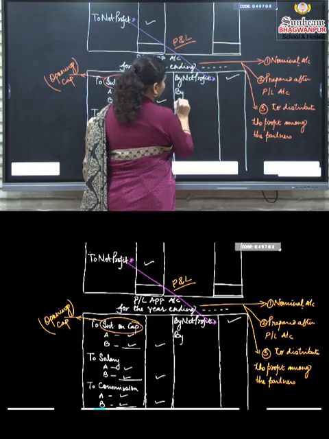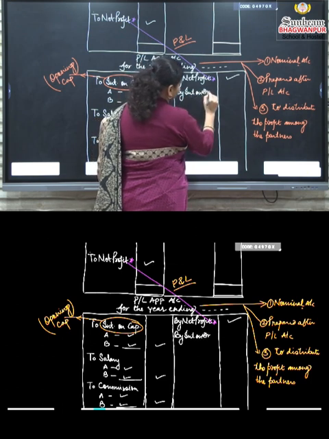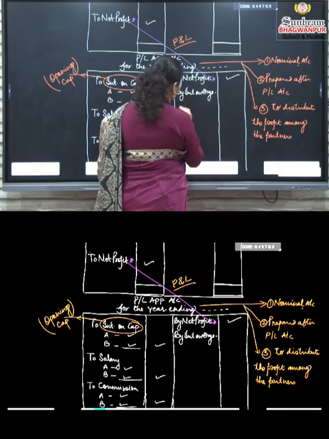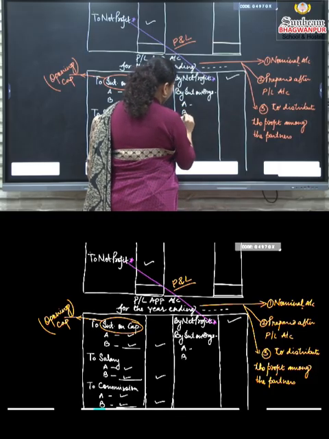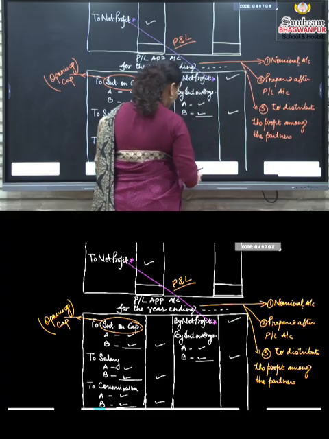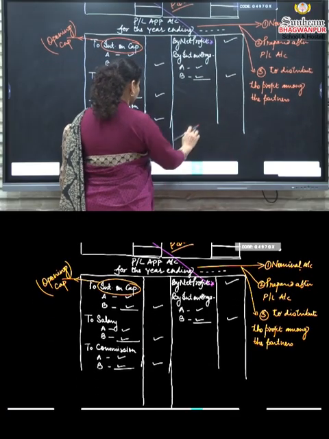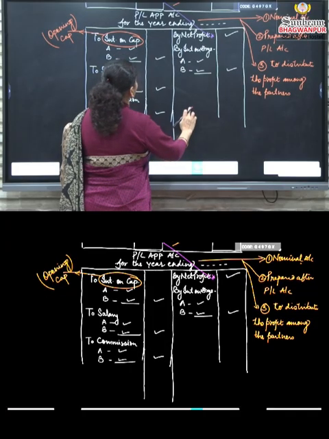At the credit side we are going to record by interest on drawings, A and B. This will be added and it will be recorded here. And then we are going to total up the credit side of PL appropriation account, okay.